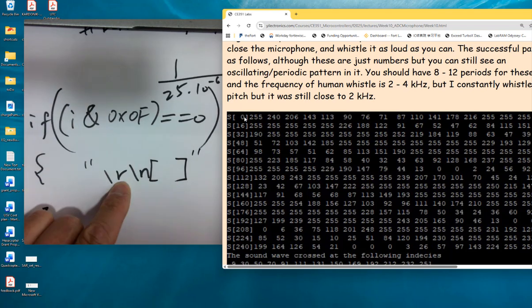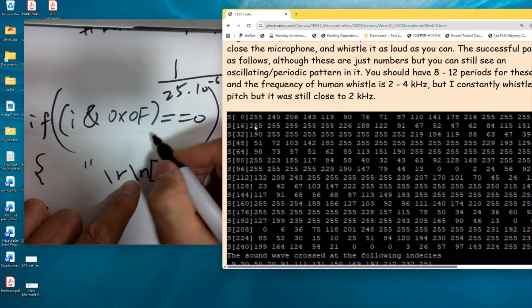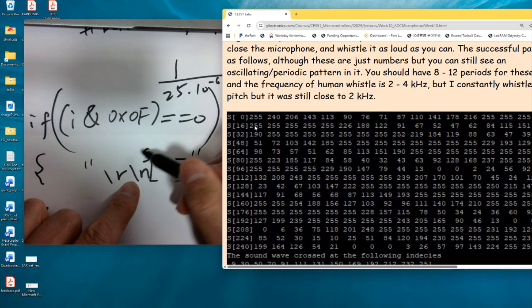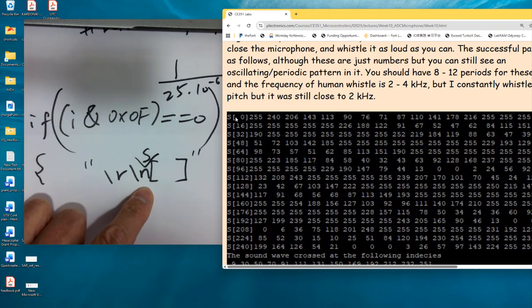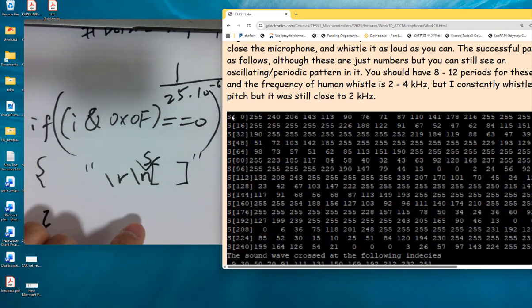So slash R will return, and that's the new line, right? The new line, and also you return the cursor to the front of the line. So slash R slash N. So do this in front of that bracket. Because you look at the format, you don't have the sheet in class, but I have one copy here if you don't have it. Just take it, it's okay.